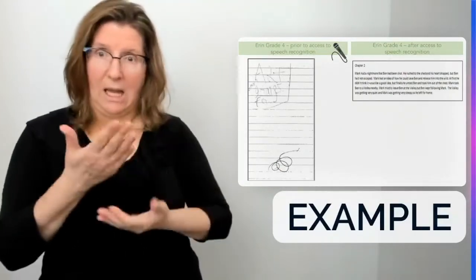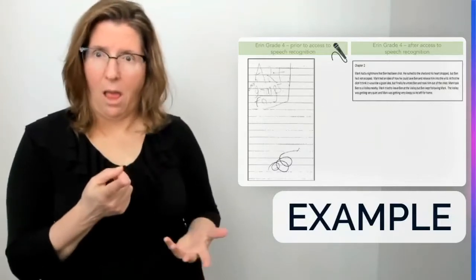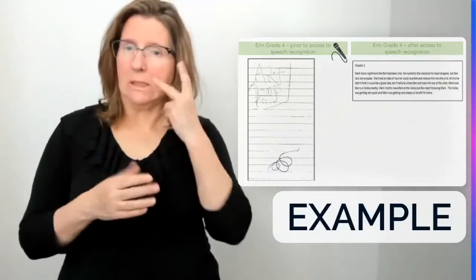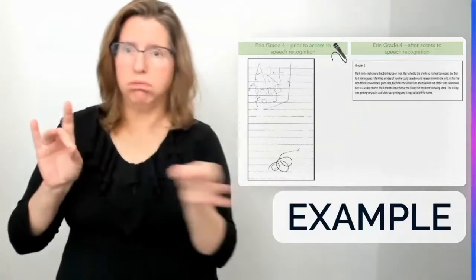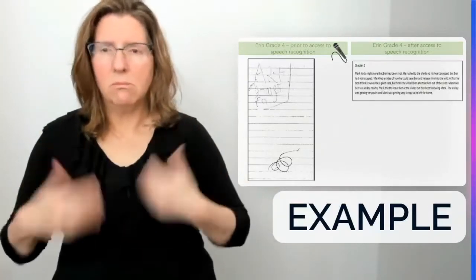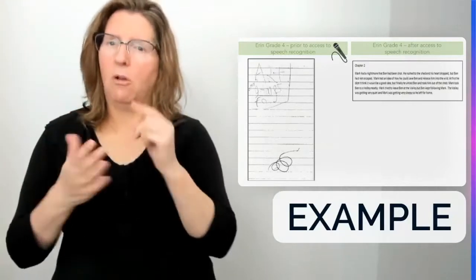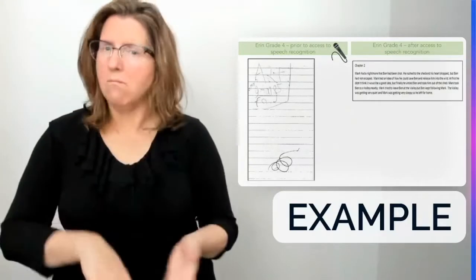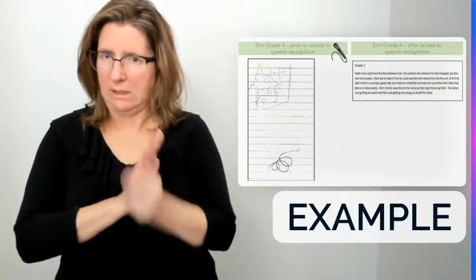On the slide, you see the writing output of a student using paper and pencil compared to speech recognition. The speech-to-text product is far more elaborate. This gives a truer picture of the grade level of their writing skills.